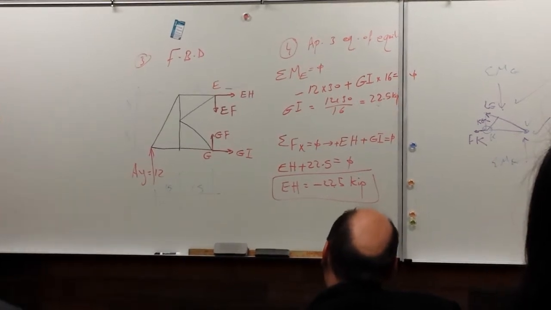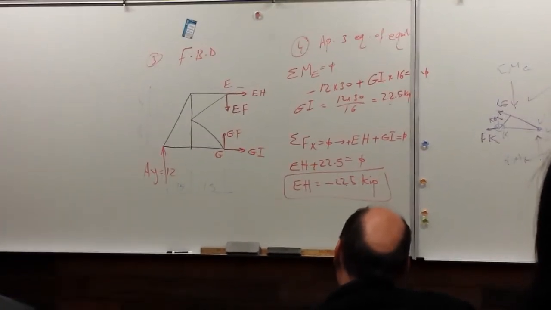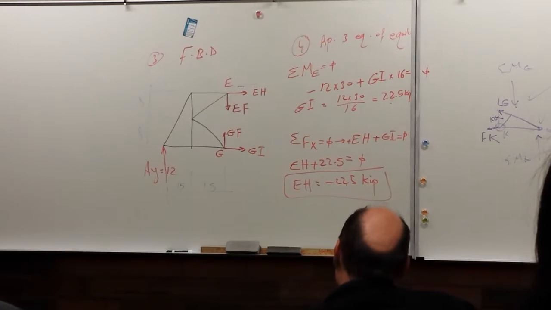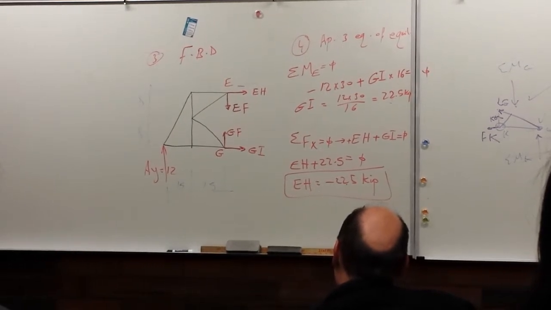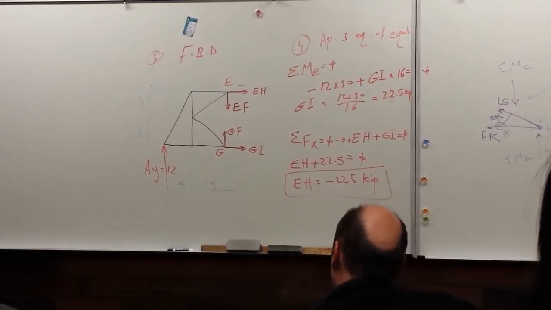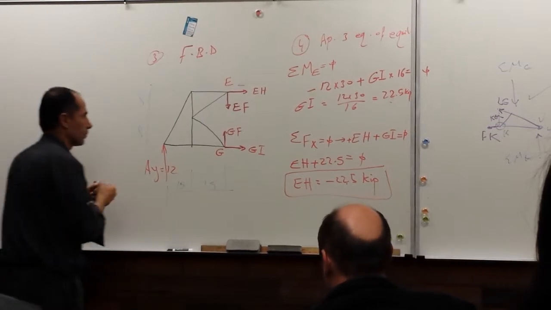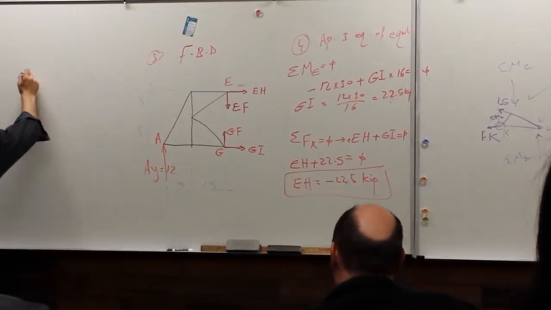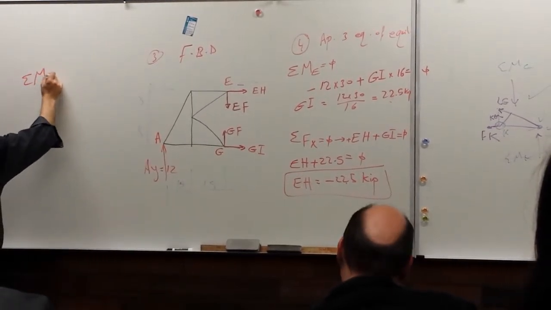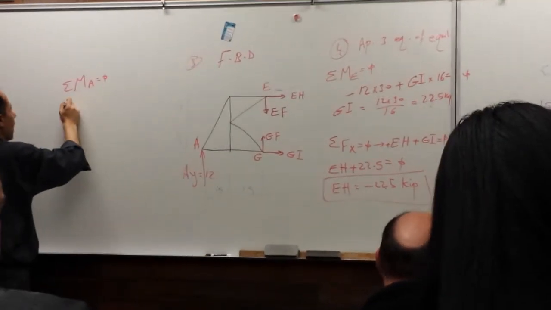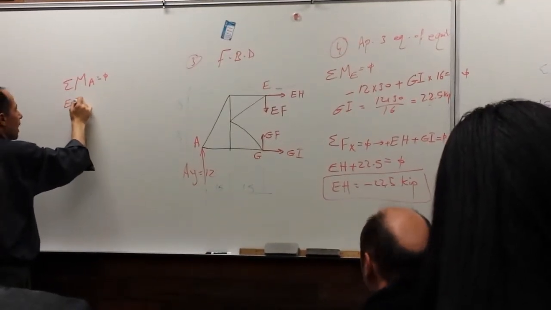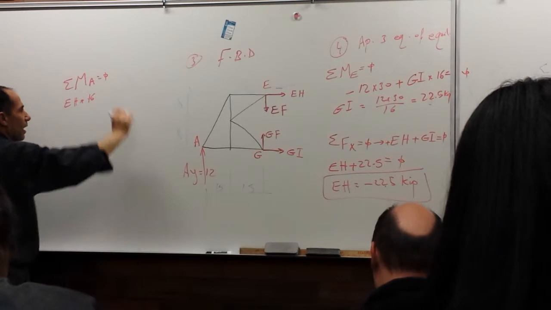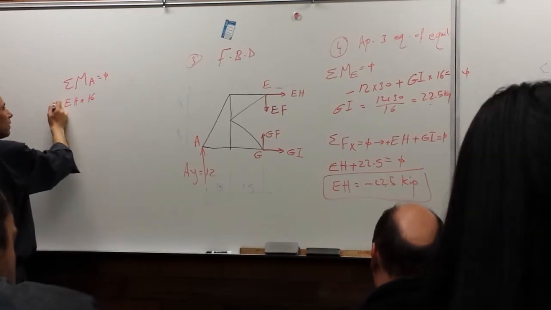Now, where should I go next? If I calculate the moment now at point A here, sum of moment at A equals 0, I have EH times 16 is going to be negative.